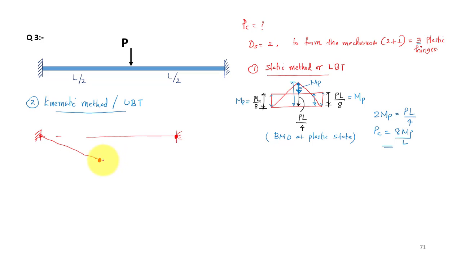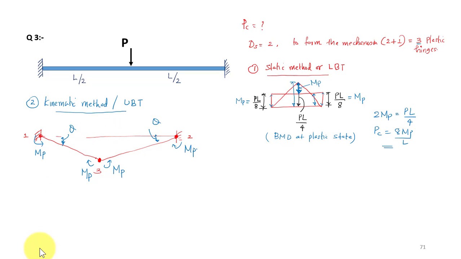So I have 1, 2 and 3 plastic hinges, and we have the plastic moment MP, and here also we have MP. So this angle is theta, and this angle also theta, because the load is at the center.